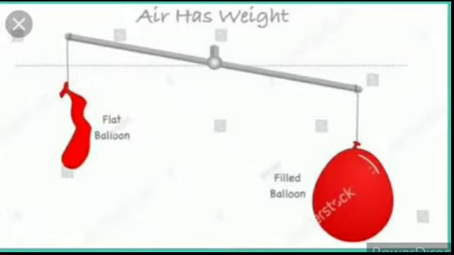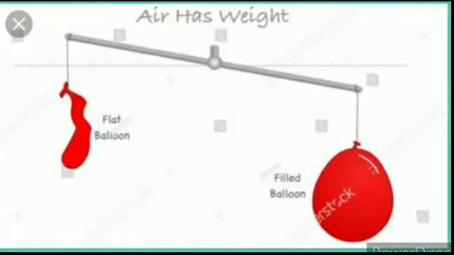You will see that the corner of the stick where the full blown balloon is will go down, and the stick will be tripped on which side? On the full blown balloon side. Why, student?